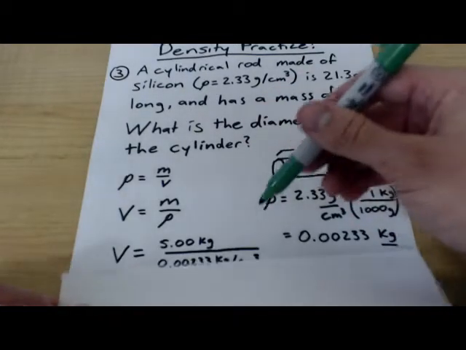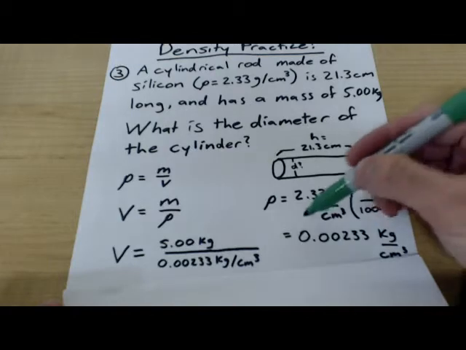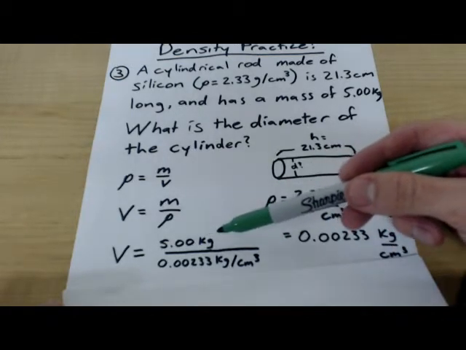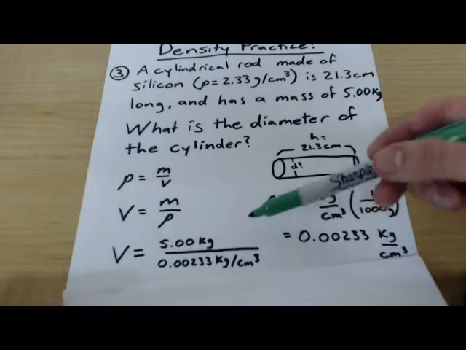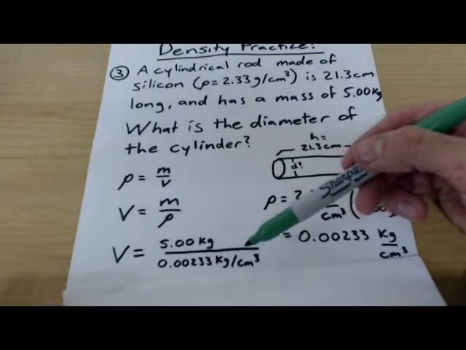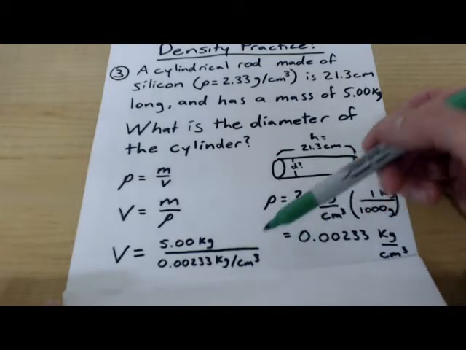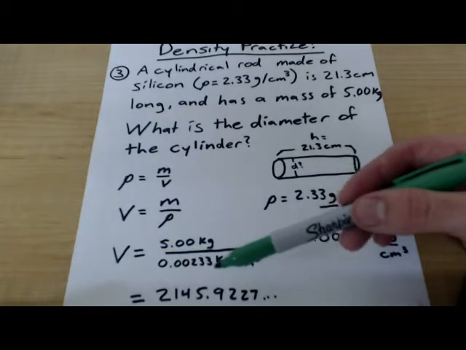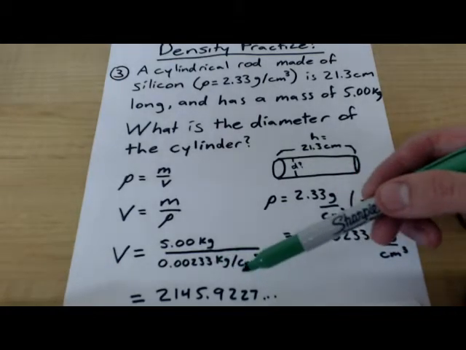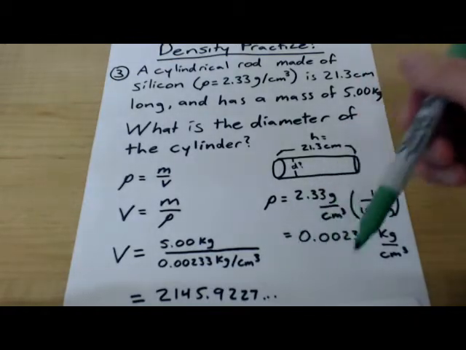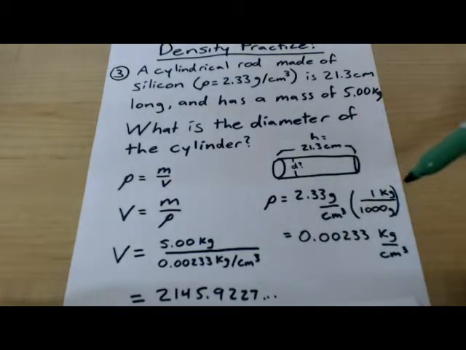So now we put this number in here. Volume is 5 kilograms divided by our density, which we've changed the units on, 0.00233 kilograms per centimeter cubed. We plug that into our calculator, and we get 2,145.9227, lots of decimals, or we can just round it.